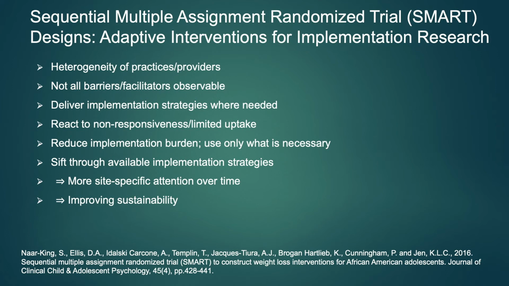The idea with these is you're honing in on what's needed. Not all clinicians or providers need the same supports. Not all organizations may need the same level of support in implementing new practices, on organizational change or leader or champion development. There can be a large number of issues that you can test in a SMART design.